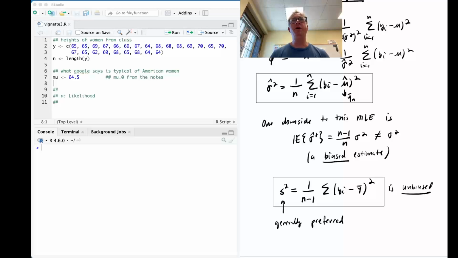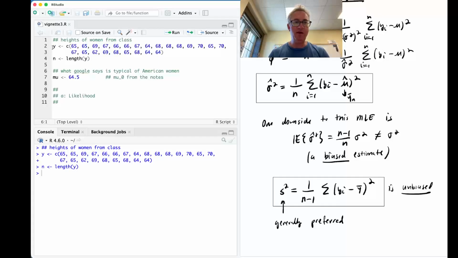Let's go over to R and wrap up this likelihood section by returning to the data that we have from chapter 2. So these are the heights of women in my class. There are n of them. And we don't really need this value mu that we use in the hypothesis test.